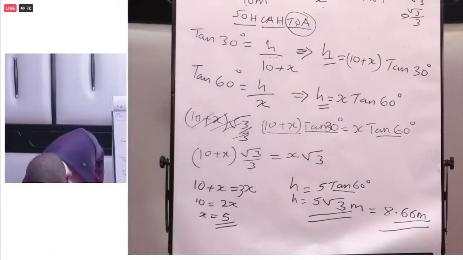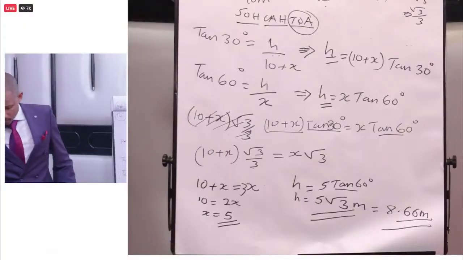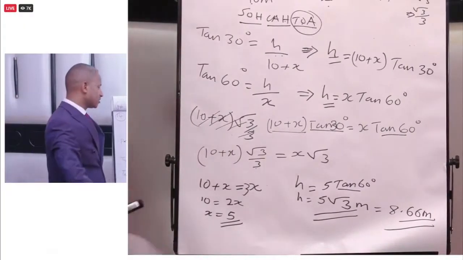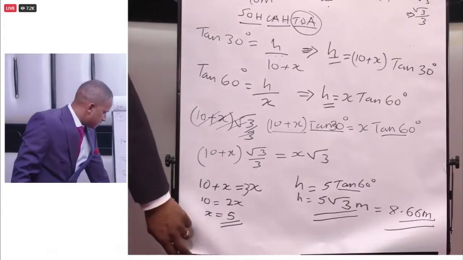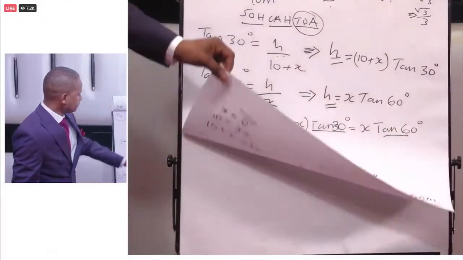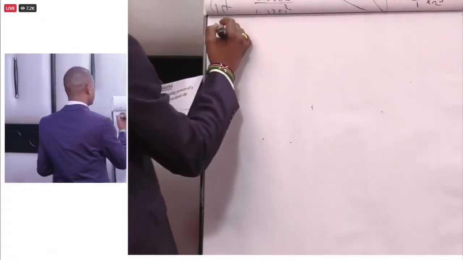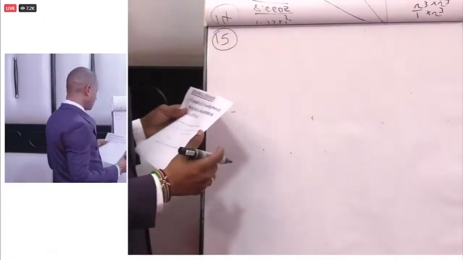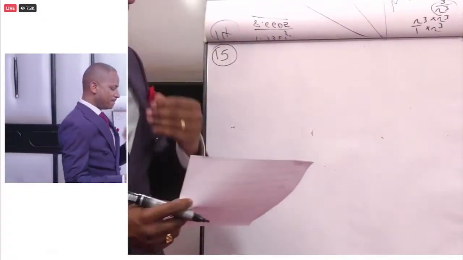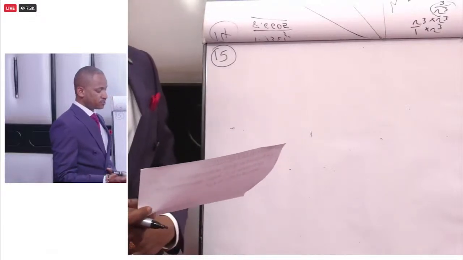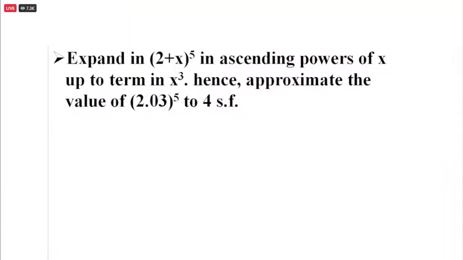We are only remaining with 2 questions, but very interesting ones. Question 15 is binomial expansion. You are told to expand 2 plus x raised to power 5 in ascending power of x up to the term x cubed.